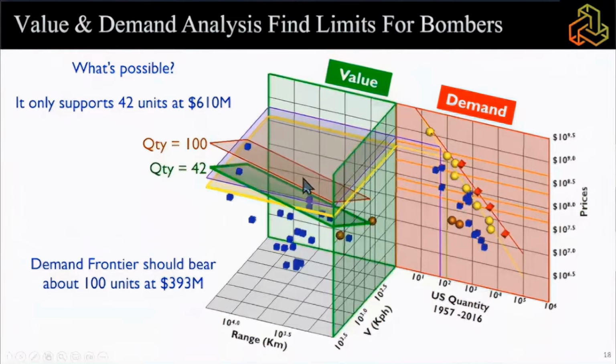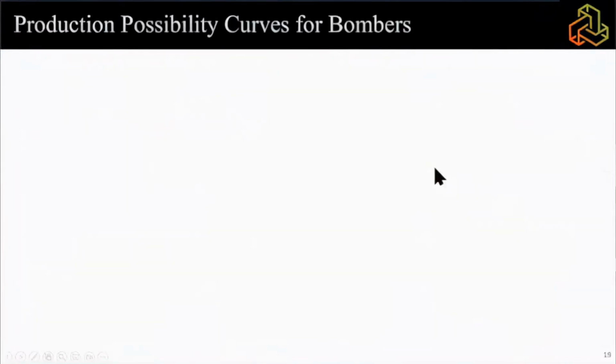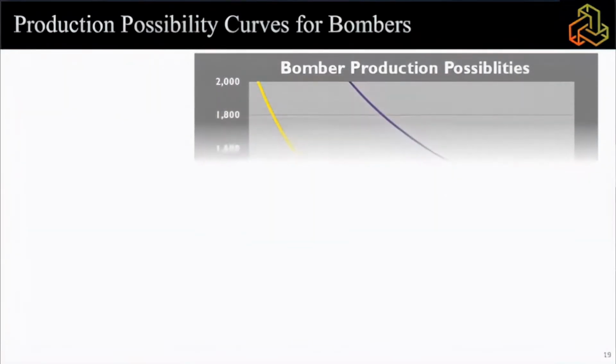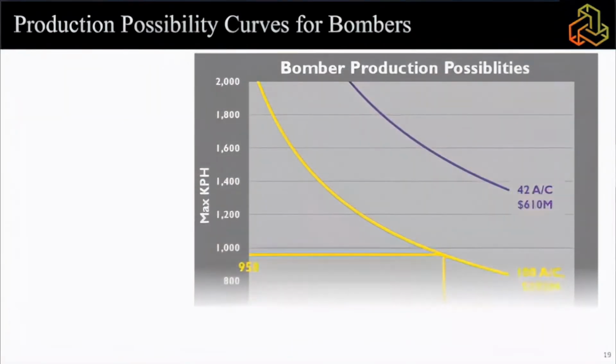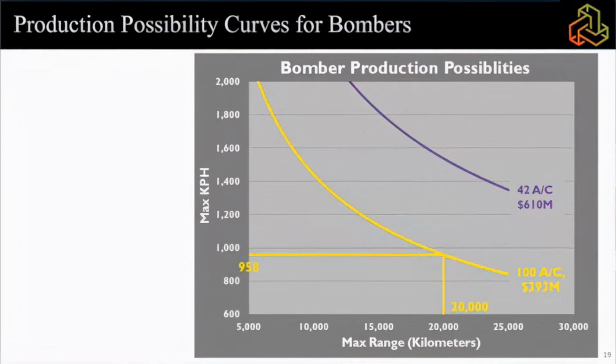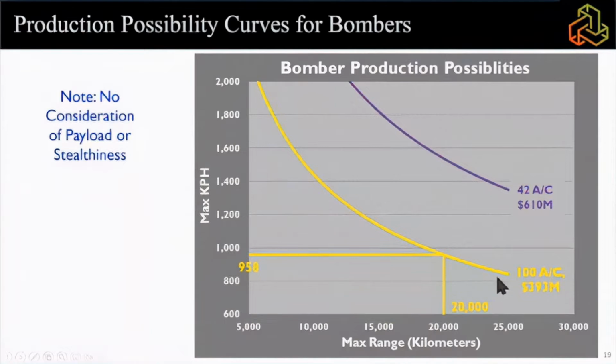And when you intersect one of these planes with this other plane, what you get in linear space is our production possibility curves. So again, the government thinks they can get 100 units at $610 million. They're going to get 42, and here are the possibilities for them if you consider only speed and range. There's no consideration of payload or stealthiness here.